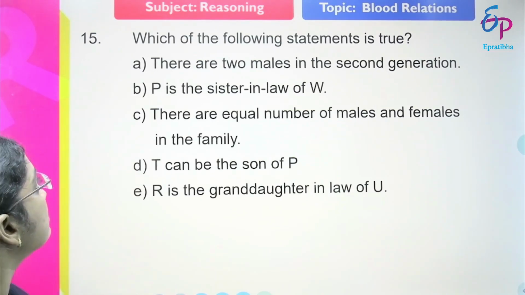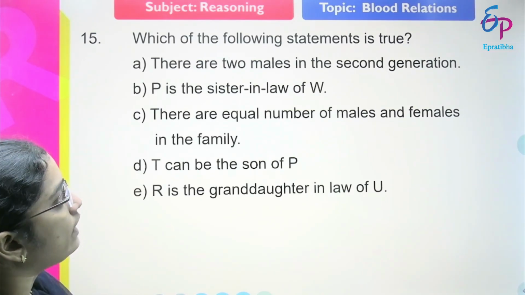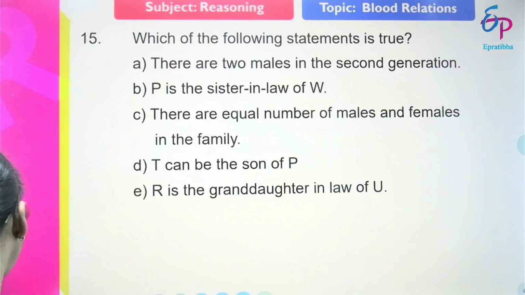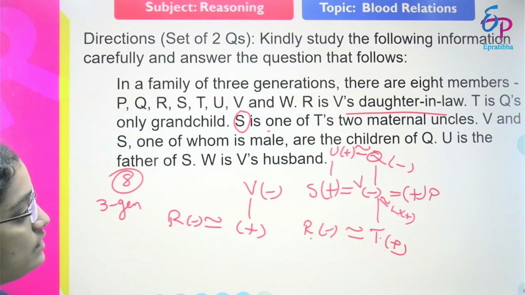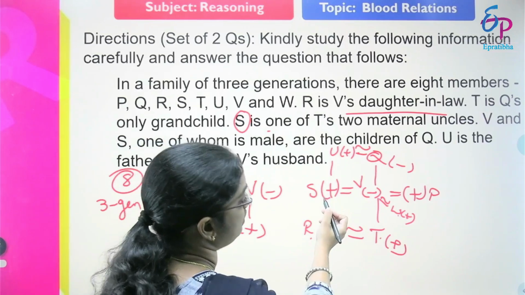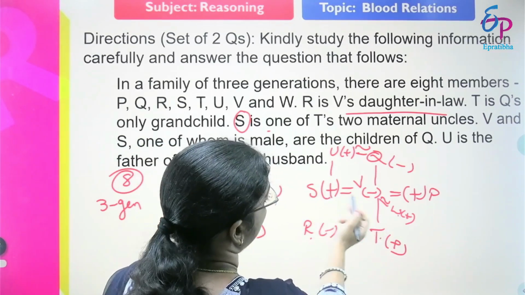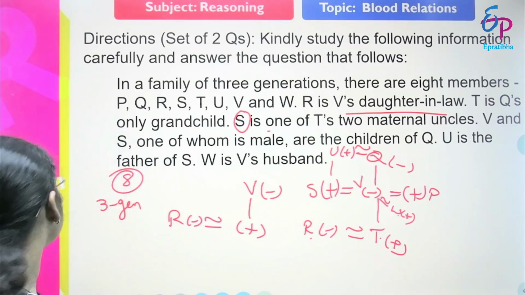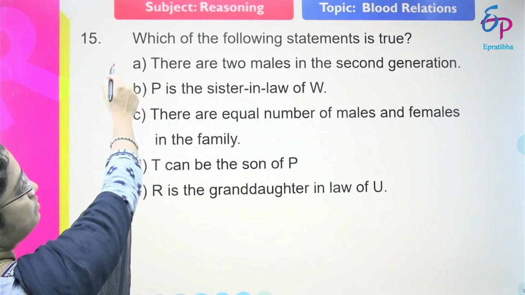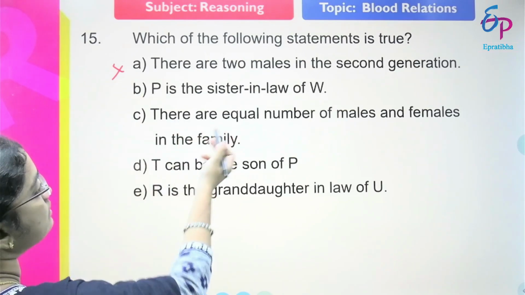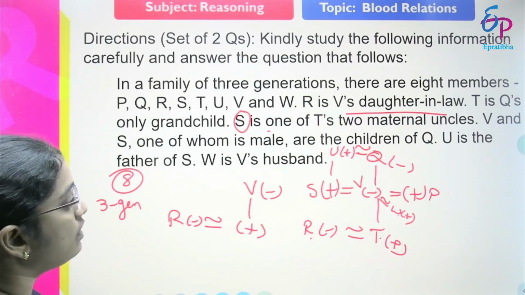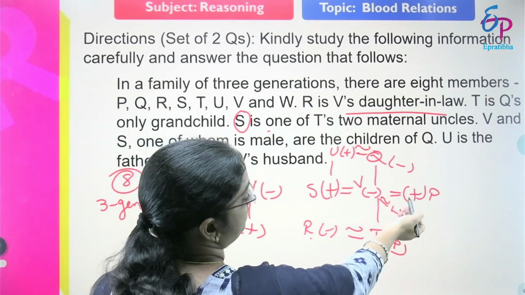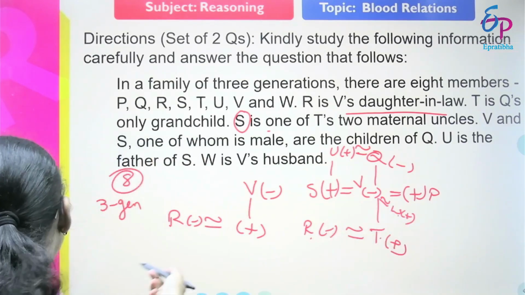The first option is: there are 2 males in the second generation. We need to check that. Here we have 3 males, friends: 1 2 3, 3 males in the second generation. That means that is the wrong one. Next, P is sister-in-law of W. P's gender is male, so not a sister-in-law.